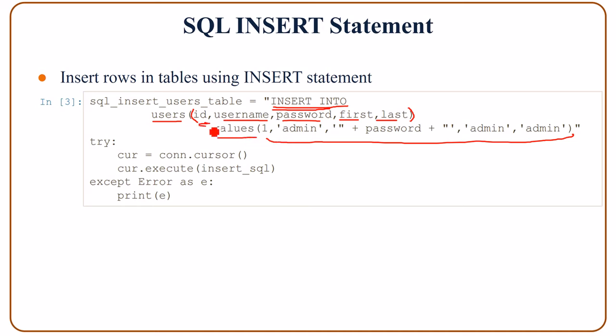For example, for ID we insert 1, for username we insert admin, for password we insert something that is previously stored in the variable password. For first we insert admin, and for last we also insert admin.